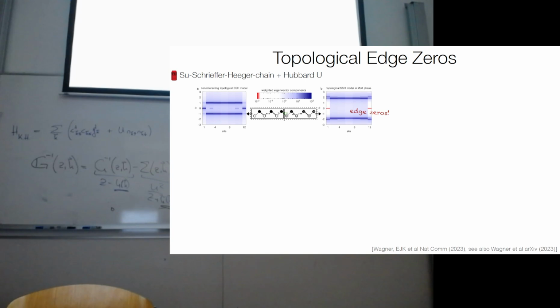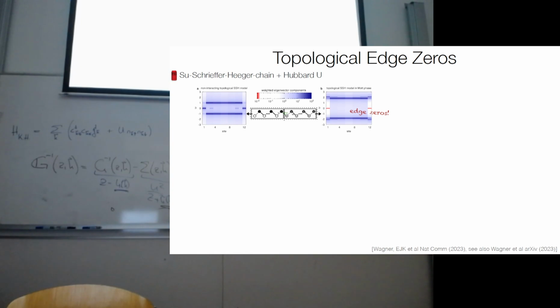And what you can see on the right is when you add the Hubbard U, you see these red bits. And these red bits are actually edge zeros. So the Green's function has zeros localized at the edge, which are a consequence of topology in the presence of strong interactions and zeros.